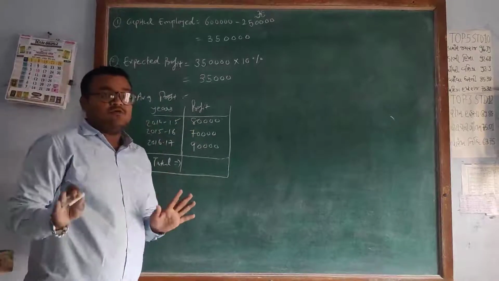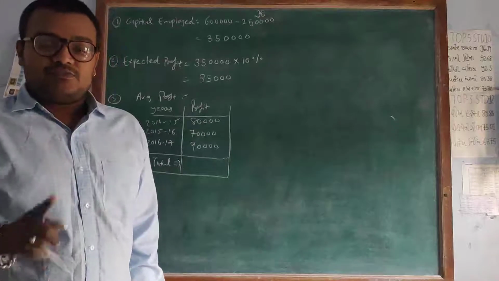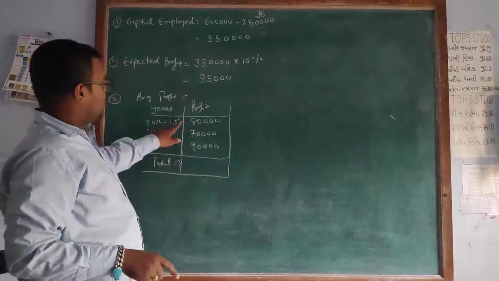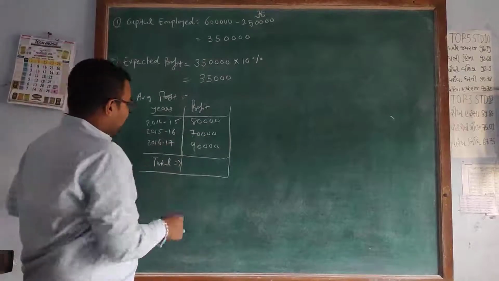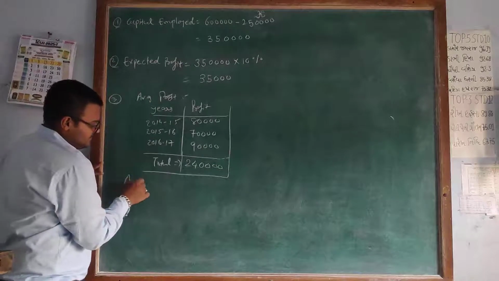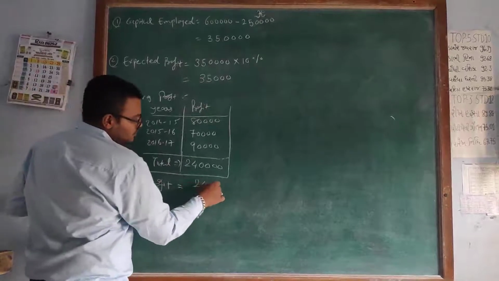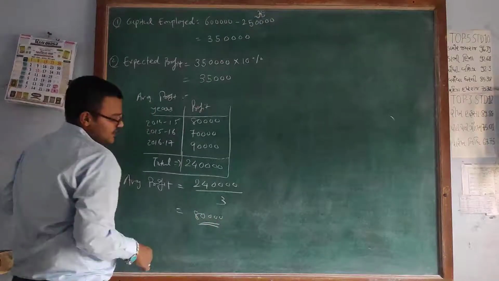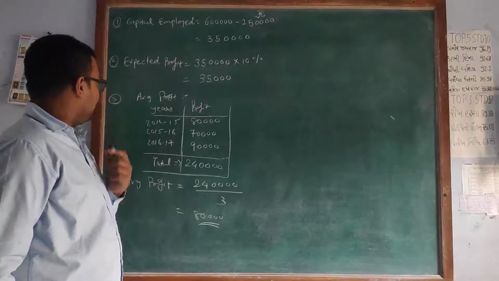So we cannot do the weighted average method. If profits are in increasing order, then we have to do the weighted average method. Correct? So 80,000 plus 70,000, 1,50,000 plus 90,000, 2,40,000. So average profit is equal to 2,40,000 divided by 3, which means 80,000. Number of years, 3 years are given, so 80,000 is our average profit.